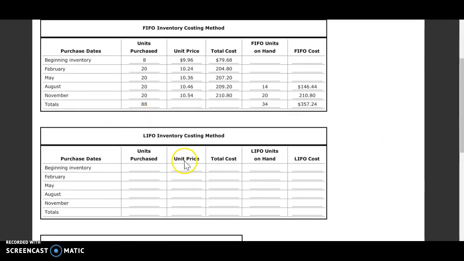Now LIFO, the first couple columns, we're just going to copy. So I'm actually just going to copy in that information that I have up above, because it's all going to be the same for that.